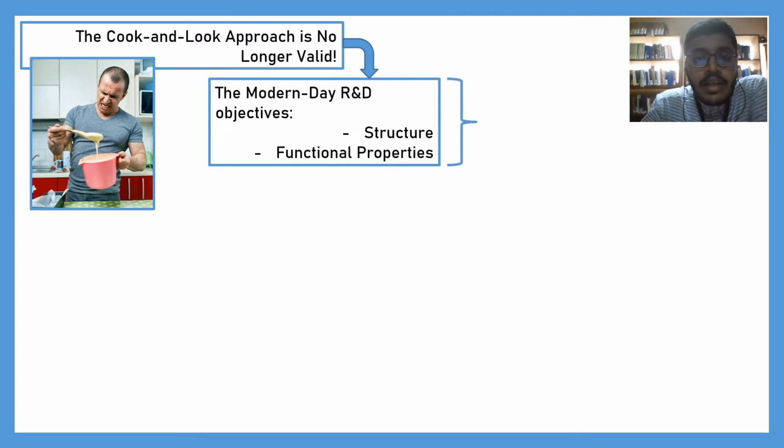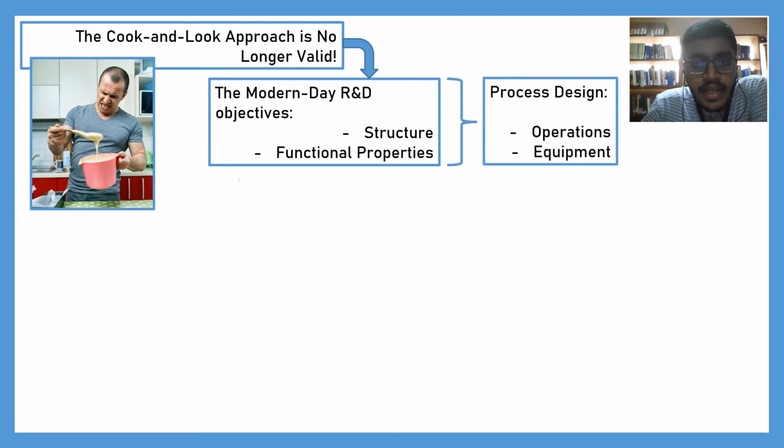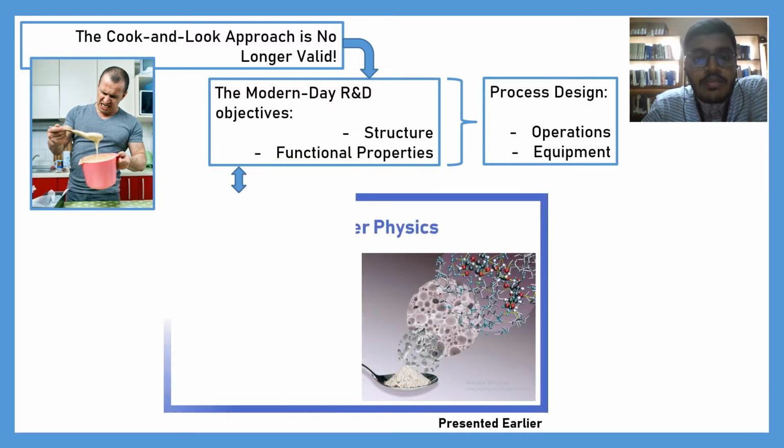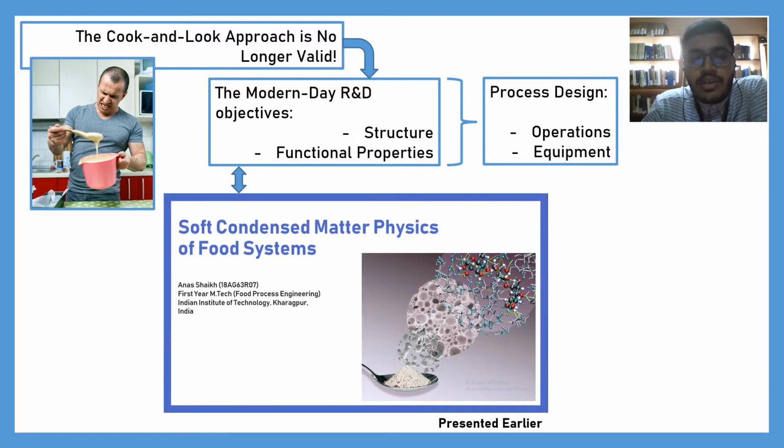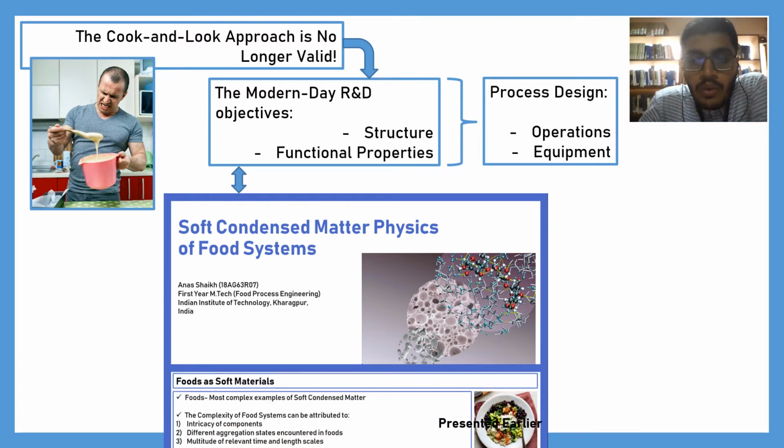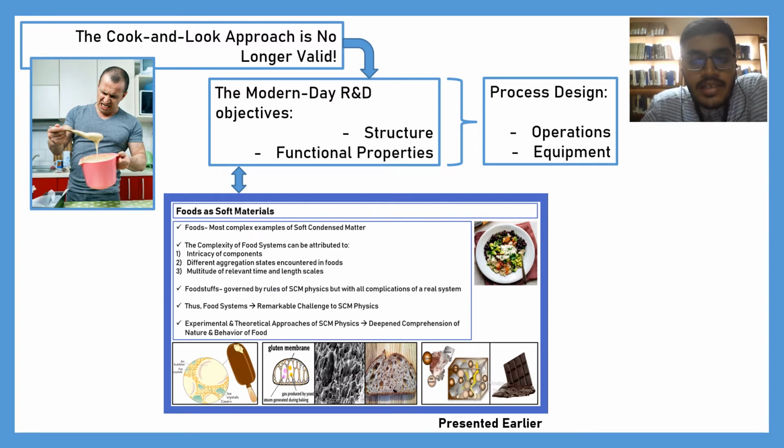In another webinar, I'll be explaining this concept of soft condensed matter physics of food systems, wherein we use physics-based models to know how exactly the various interactions among the different ingredients of foods affect the texture. So, for example, how the emulsion structure affects the mouthfeel of ice creams.